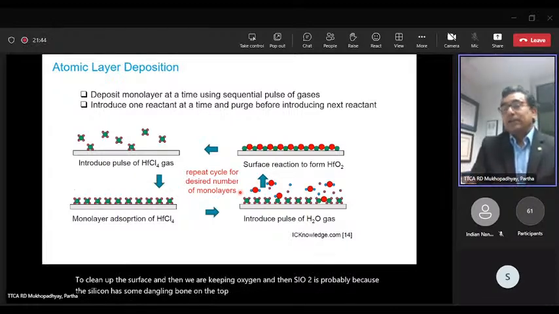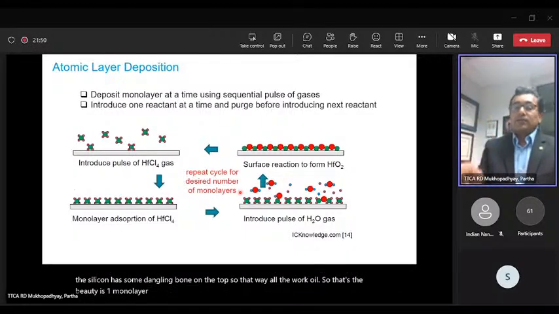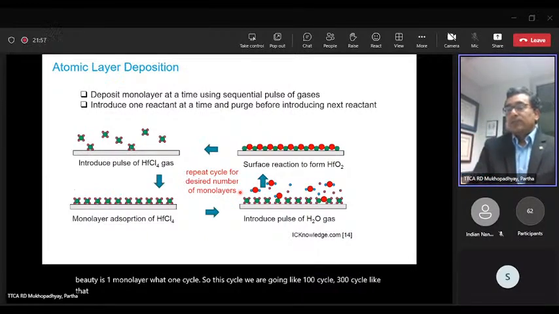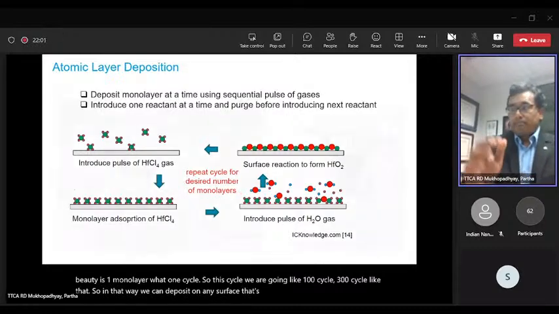So that's how ALD works. The beauty is one monolayer per cycle. So we go 100 cycles, 300 cycles, like that. In that way, we can deposit on any surface. That's the beauty of ALD.